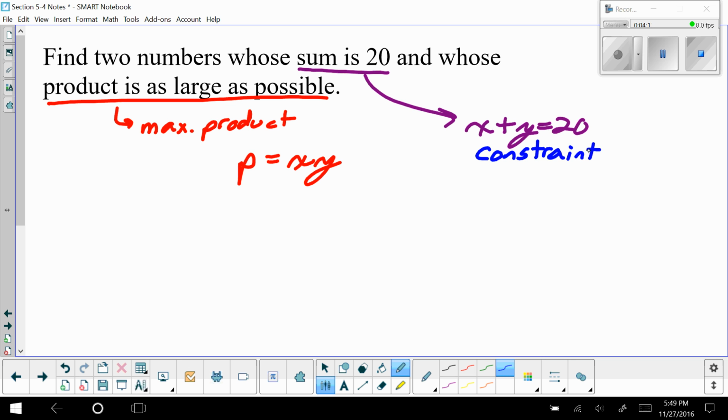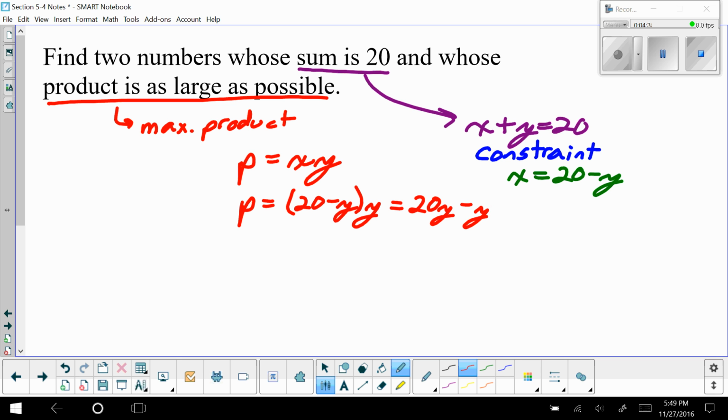Because I can now use this to replace one of my variables in my product equation. I'm going to replace x. So I will now have P equals 20 minus y times y, which is the same as 20y minus y squared.